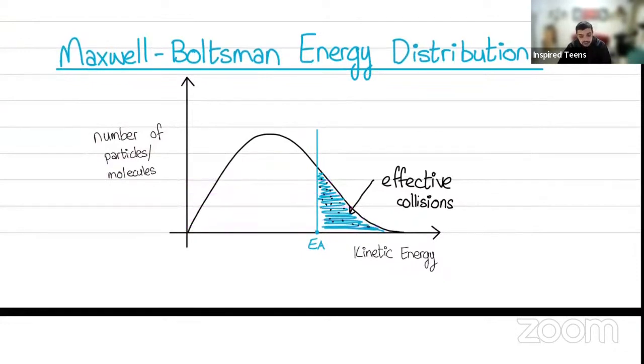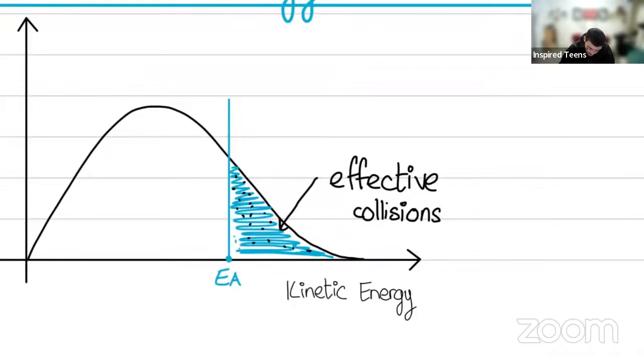Since they have passed the activation energy, they are effective collisions. In order for an effective collision to occur, the particles need to have sufficient kinetic energy, more than or equal to the activation energy. So everything that's past the activation energy would be an effective collision. We just drew them as if they were particles that existed all over here. So all of these are effective collisions.